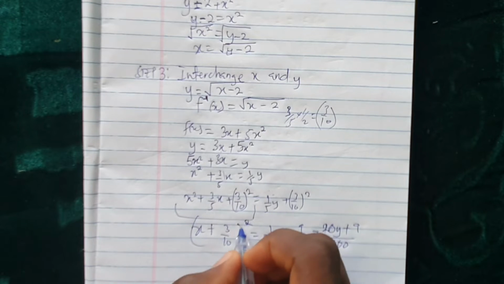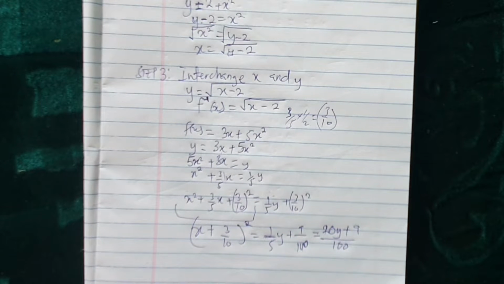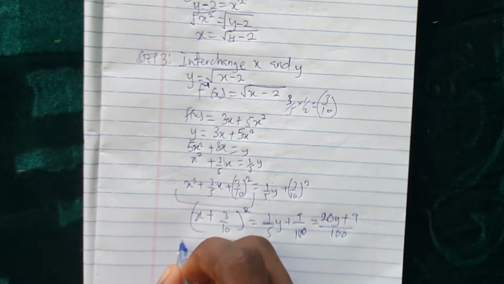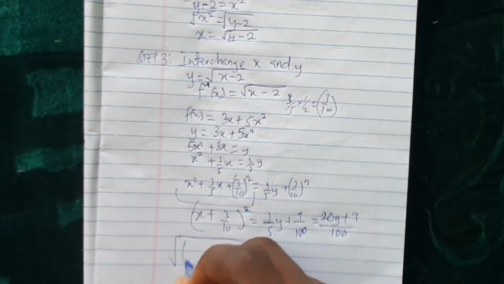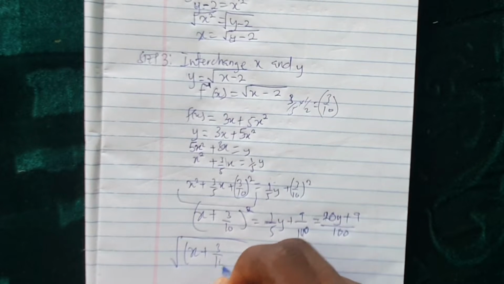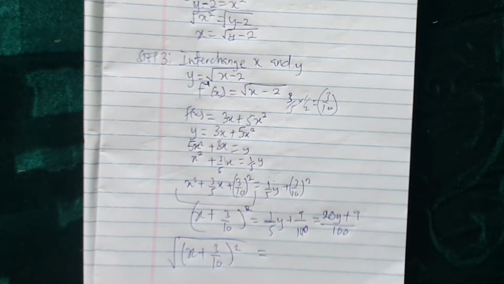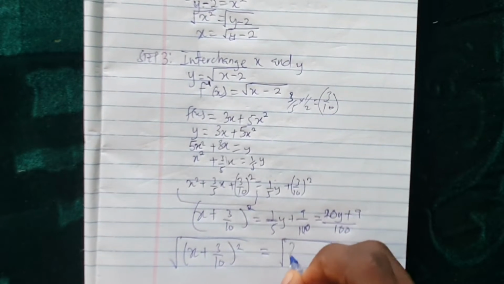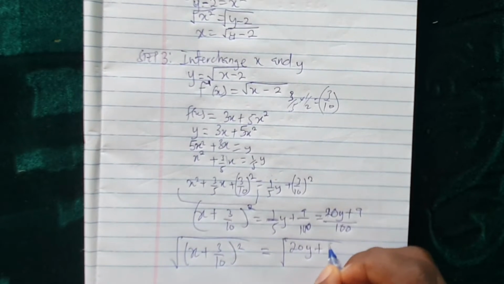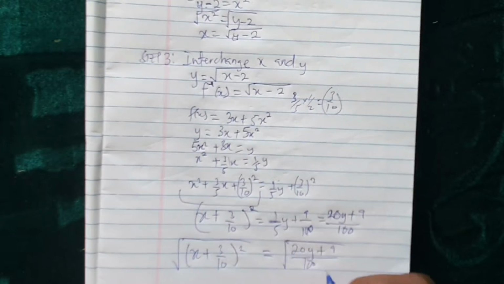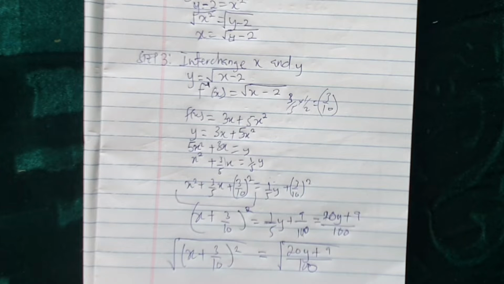Right, there's a square here. We want to make x the subject, so we have to square root both sides. So the square root of x plus 3 over 10 all squared equals the square root of 20y plus 9 all over 100.